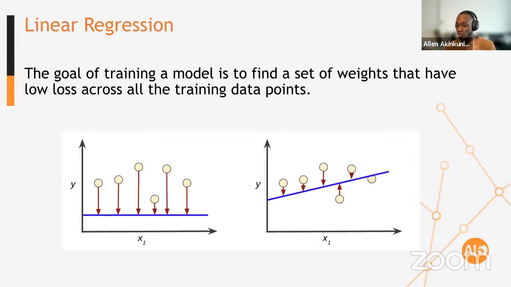A case where it could overfit is, imagine this is your training data, but you have a test data that looks nothing like what is in the training data set. The training set and the test set are completely disjointed. They don't come from the same distribution. Your model will not do well.